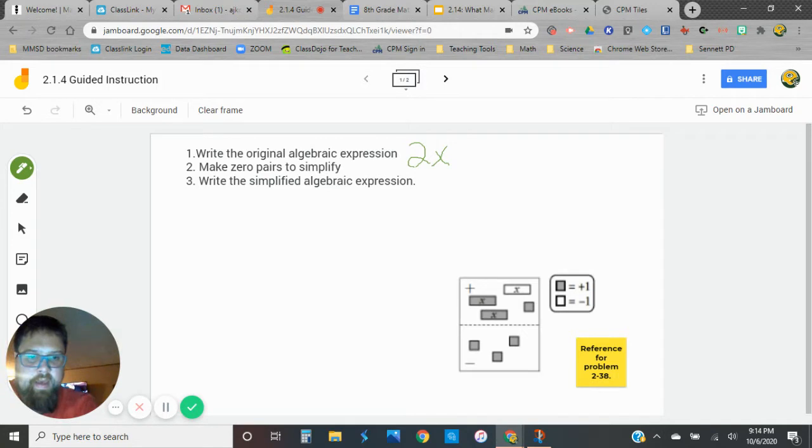I notice I have a negative x, so I'm going to say plus negative 1x. I also have a single positive unit tile up there, so I'm going to say plus 1.